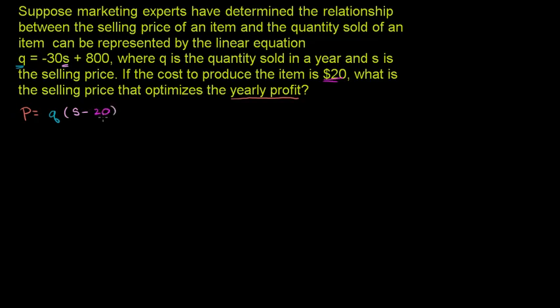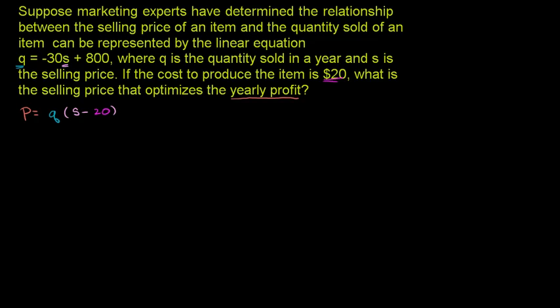And that makes sense. If you're selling something for, say, $30, and it costs you $20 to make it, every unit you sell, you'll make $10. 30 minus 20. If you sell 2 units, it's going to be 2 times $10. You're going to make $20. So nothing groundbreaking right here. Now, right now we have profit as a function of Q, of quantity, and selling price. But we have quantity as a function of selling price right here.